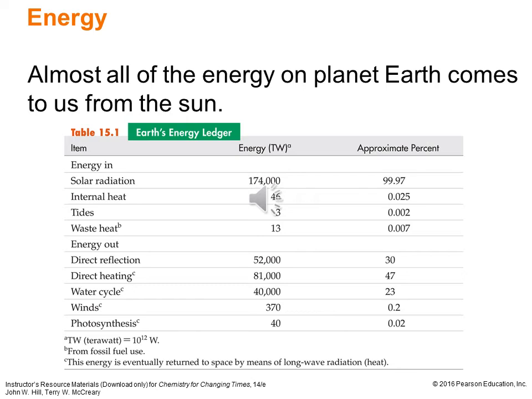Then you've got direct heating, which is that solar radiation heating either the Earth, meaning the lithosphere, or the hydrosphere. Not a whole lot of heat is stored in the atmosphere. We have the water cycle taking up a sizable amount of that energy, and then winds and photosynthesis, obviously quite important, but relatively smaller values of the energy out.